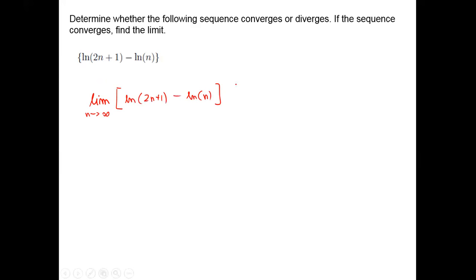This is an indeterminate form, but we can nicely deal with this because the difference of two logarithms I can rewrite as one single logarithm, simply dividing the arguments. Now computing the limit of the inside, I can see that the limit at infinity of the quantity inside is 2. The final answer is ln of 2. That means this sequence is convergent to ln of 2.